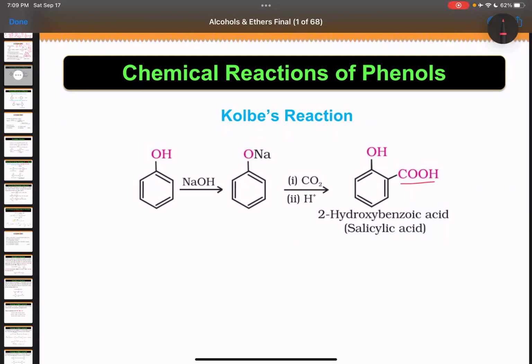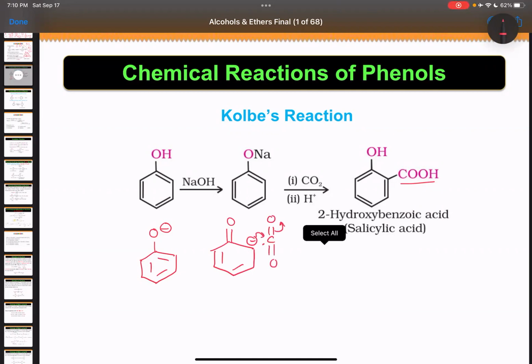So what's going to be the mechanism? Quickly we can discuss. Very easy. The phenol changes to O minus, and because of resonance the negative charge will come at ortho or para. Why am I preferring the ortho position? Because there are 2 ortho positions. And this minus is a nucleophile and it will attack the CO2 molecule.